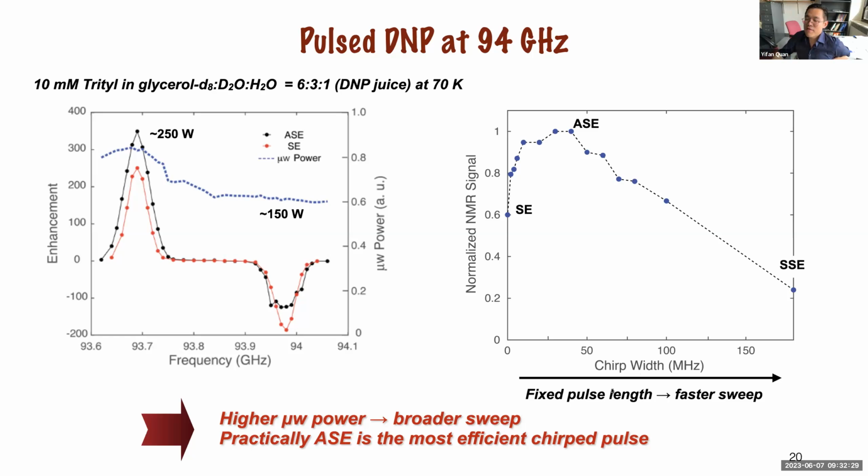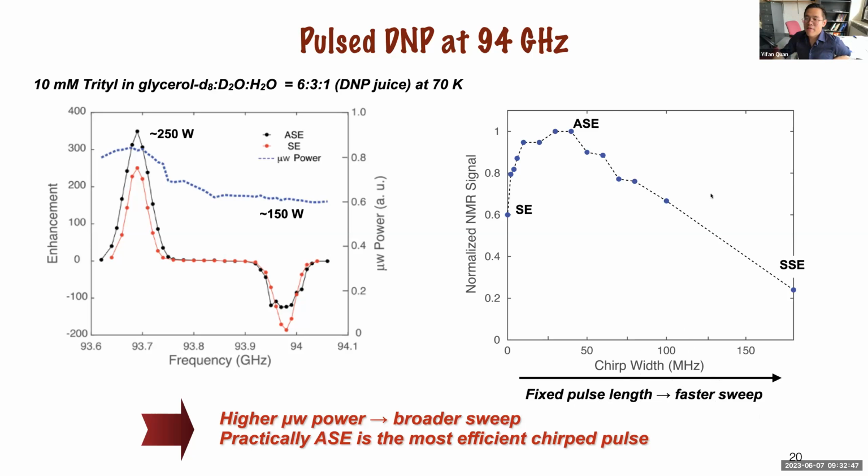So for example, when you have a fixed pulse length, the broader you sweep, the more electron spins you are covering, but you are actually increasing your sweep rate, which would be reducing your polarization transfer efficiency.